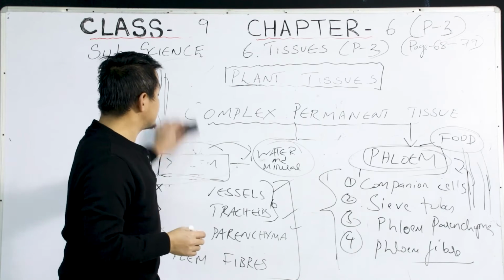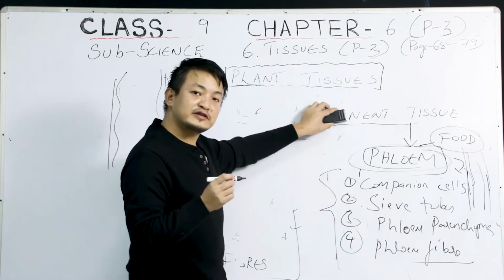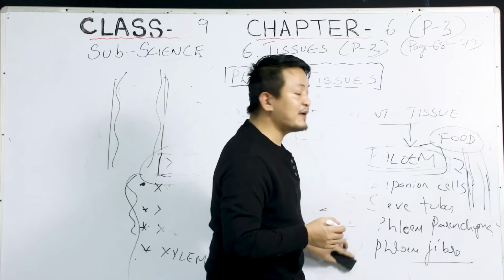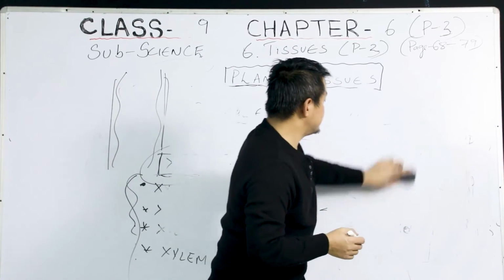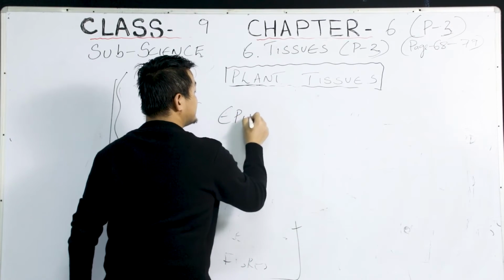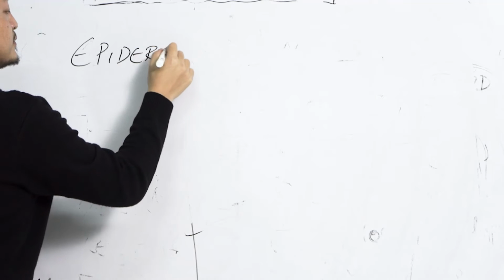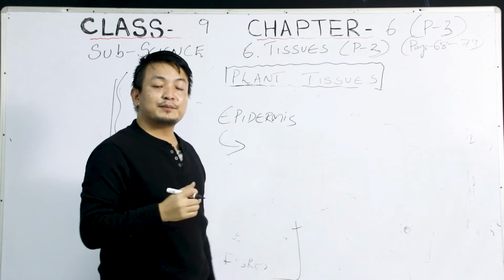Now you have to note down the small definition under plant tissue, that will be epidermis. So note down this definition. Now what is this epidermis?